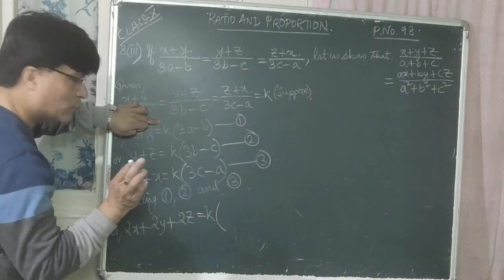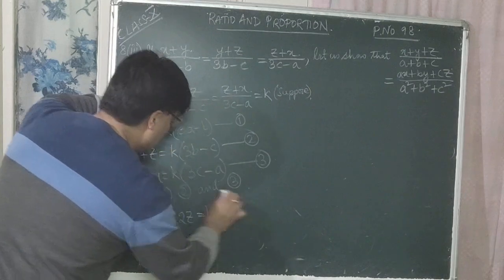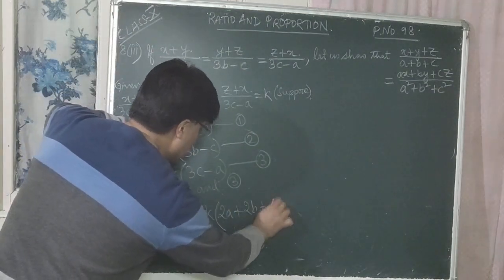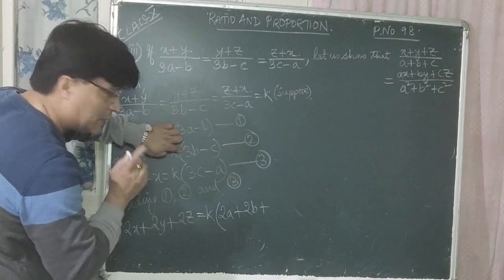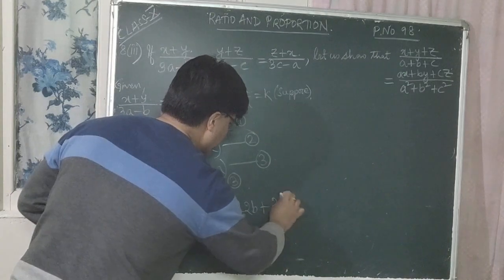Within the bracket we get 3a minus a, 2a, plus 3b minus b, 2b, plus 3c minus c, 2c.